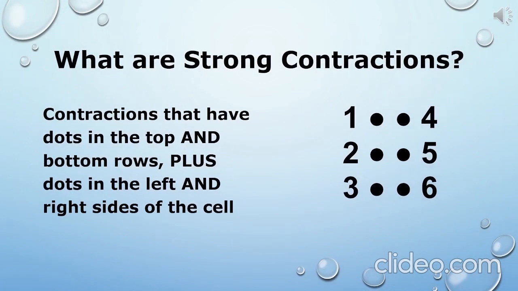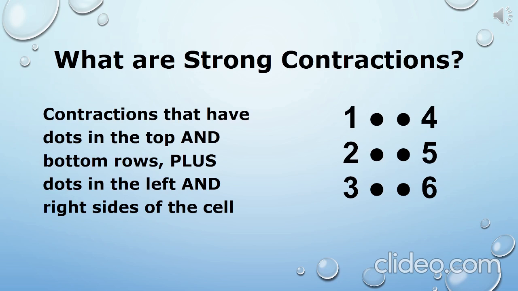Let us quickly recall what a strong contraction is. Basically, a strong contraction is a contraction that has dots on the top and bottom rows of the cell, as well as dots on the left and right columns.